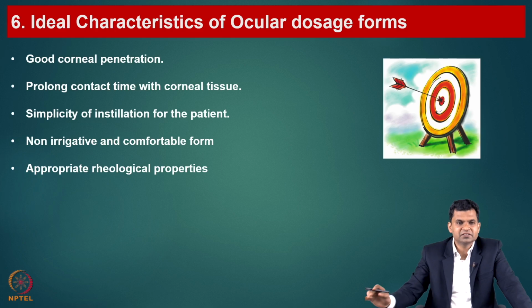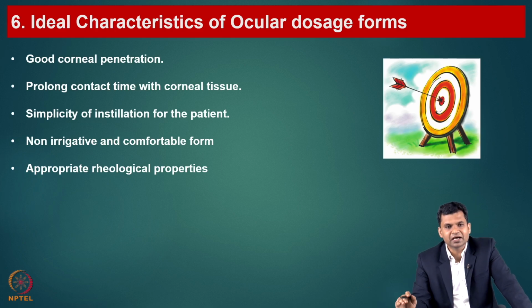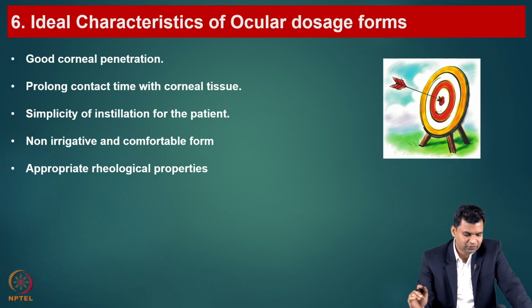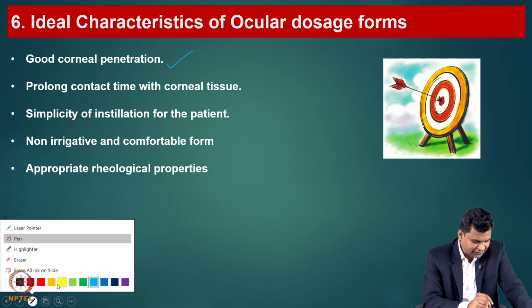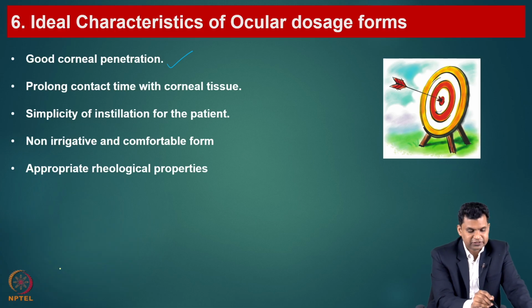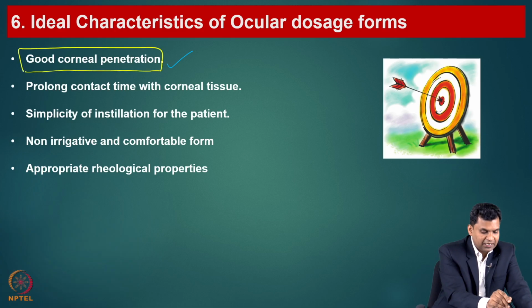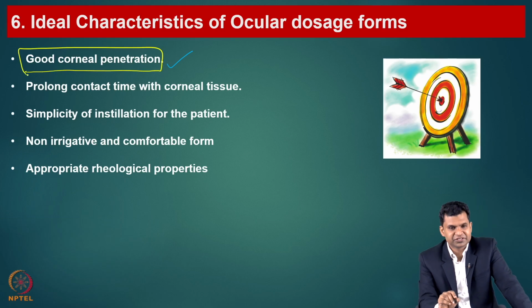Here we will see some of the ideal characteristics of ocular dosage forms. Your dosage form should have good corneal penetration. If you are looking for topical delivery for the ocular route, your formulation needs to have good corneal penetration.